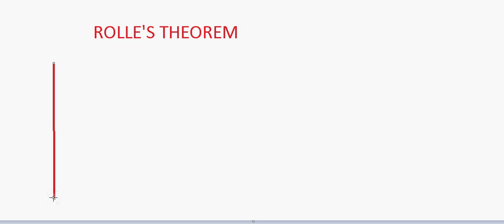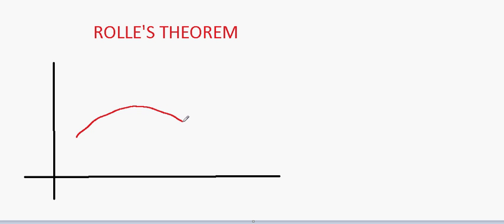This is y-axis and this is, say, x-axis. Okay, and now say we are having a function f, or a real valued function f, which is continuous in the closed interval a to b.